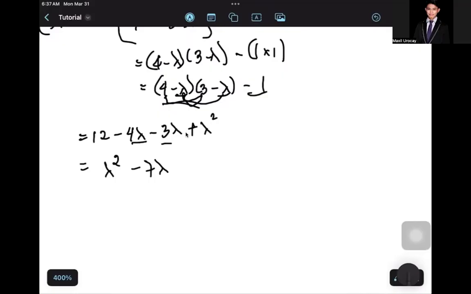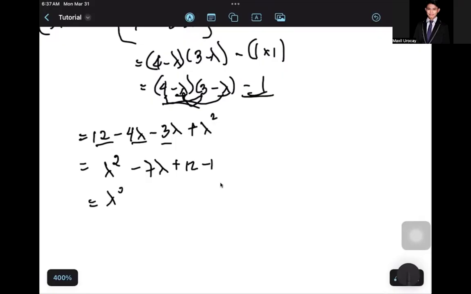Simplifying each term, we'll combine each particular term. So we'll minus 1.